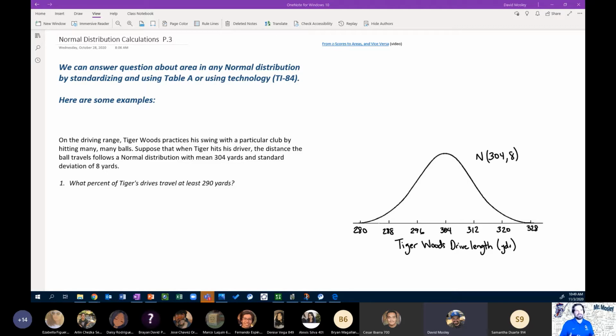It's very similar to the things that I introduced last week, using your z-score and finding the proportion under the curve using the standard normal curve. I'm going to show you how to do that using table A today with these examples. So if you're still learning how to use table A, there'll be some more examples of that today. And also how to use your calculator to find these things, which can also be very useful.